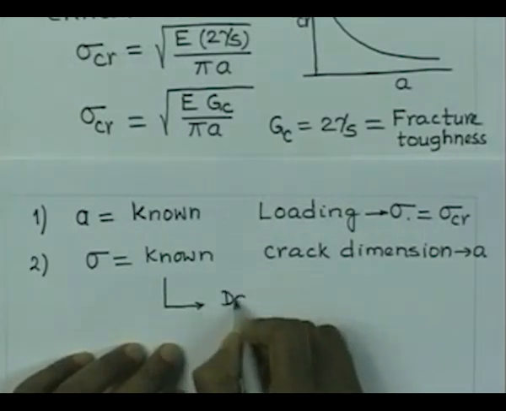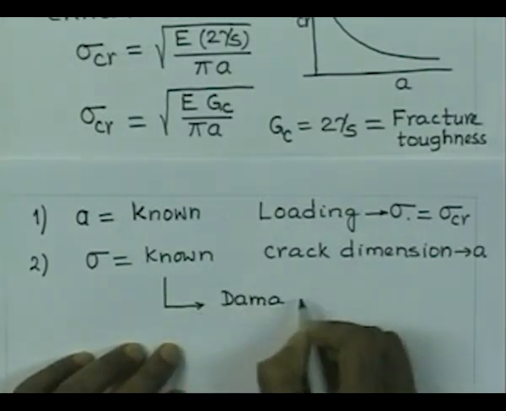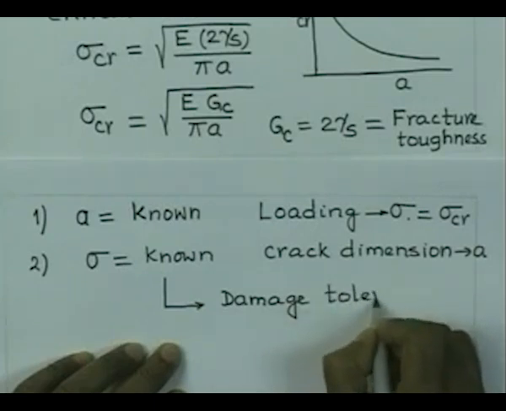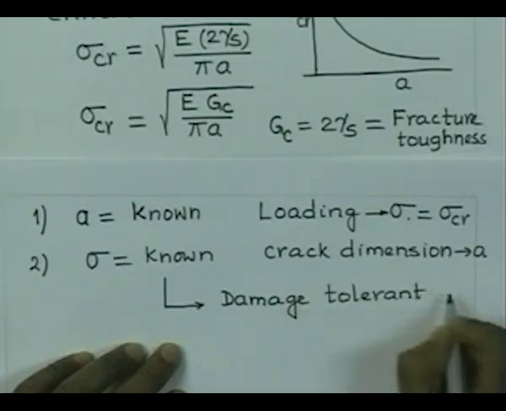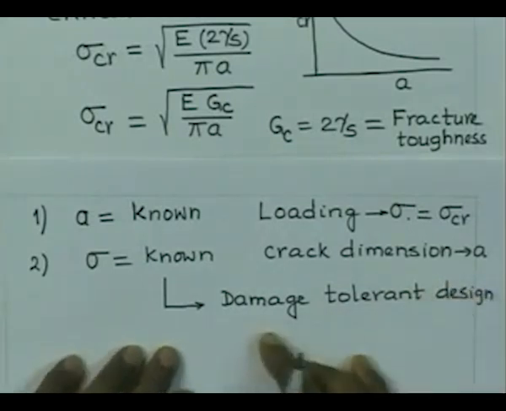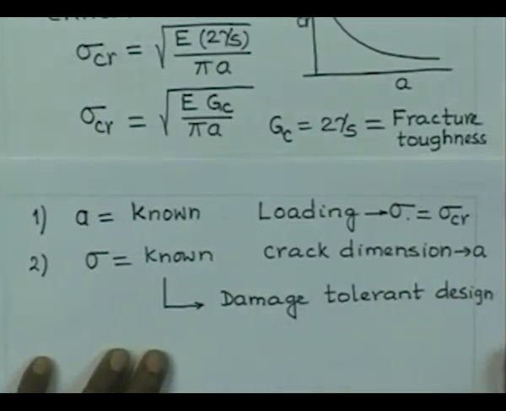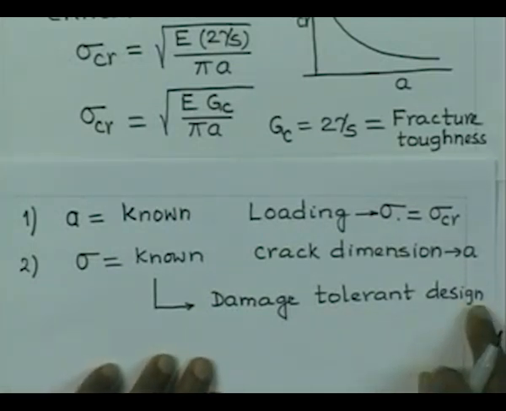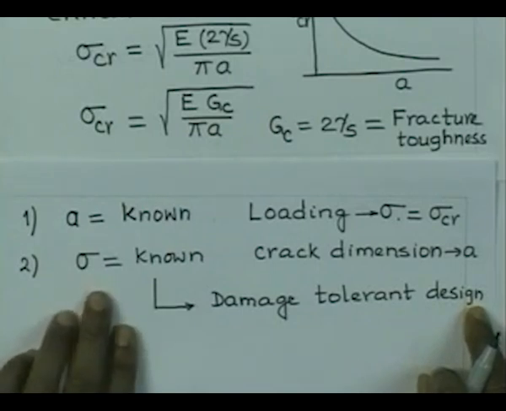It is known as damage tolerant design. What it means is that we can calculate how much damage the structure, a component, can tolerate given the loading and the material property.